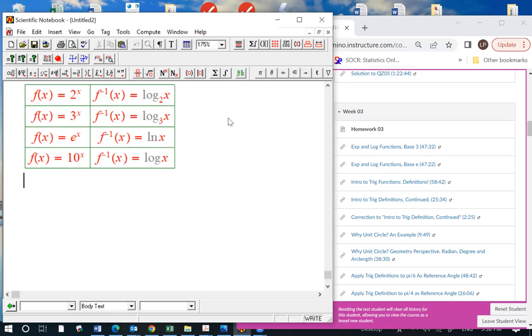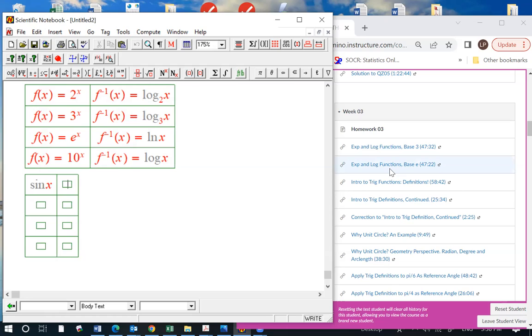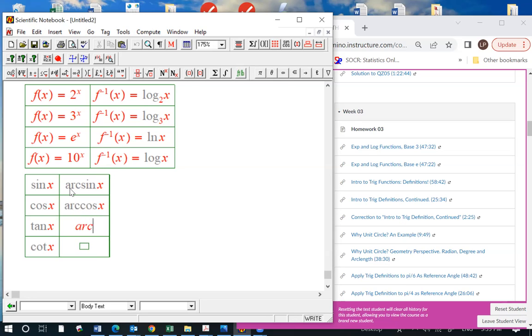And next, we get to our trig functions. We spend a lot of time on our trig functions, and these functions are, right, sine, cosine, tangent, and cotangent, and arc sine, arc cosine, arc tan, arc cotangent functions.